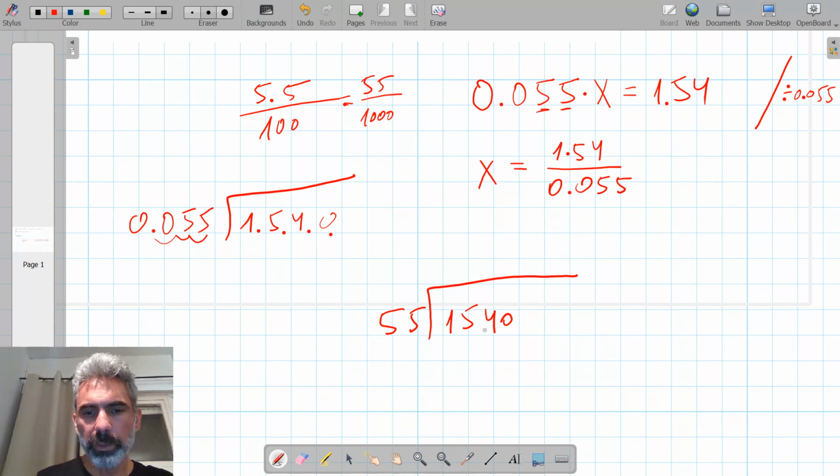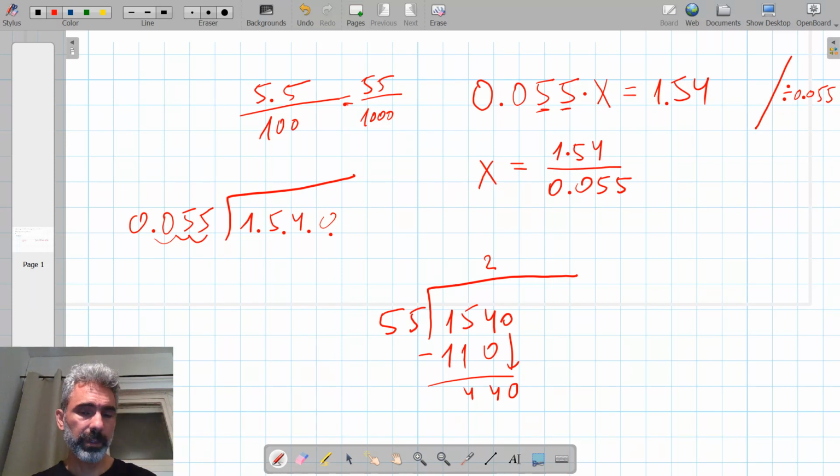So 55 goes into 154. 3 is too much, right? Because 3 times 55 is 165. So 2 times. 2 times 55 is 110. 4 minus 0 is 4. 5 minus 1 is 4. Bring down 0. 55 goes into 440.